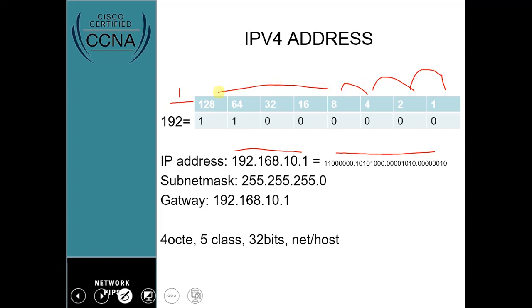So let's start from 192. I want to convert 192 first to get this value over here. If I look at my table, I will ask myself one question: what is the highest value on this table that can be subtracted from 192 without giving me a negative value? Of course it's 128. If 128 goes into 192, it's going to give me 64 as a remainder.